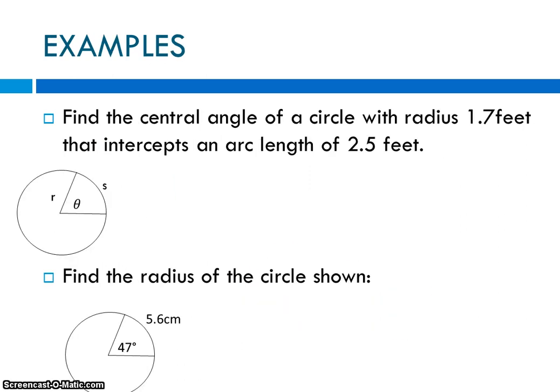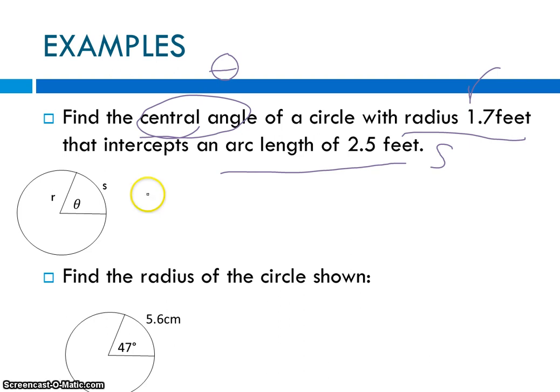So in the first example, we want to find the central angle, which is our theta, where the radius, or our r, is 1.7 feet. That intercepts an arc length of 2.5 feet, so that is our S. So we want to find theta, so I'm going to use the formula written as theta is S over r, and I'm just going to plug in what I know.